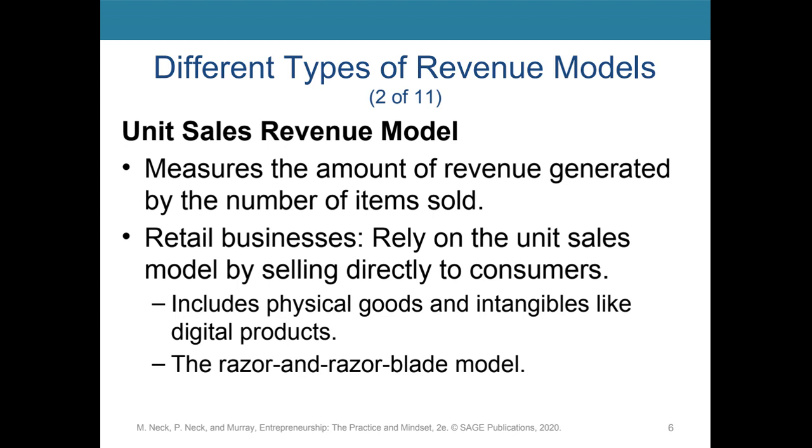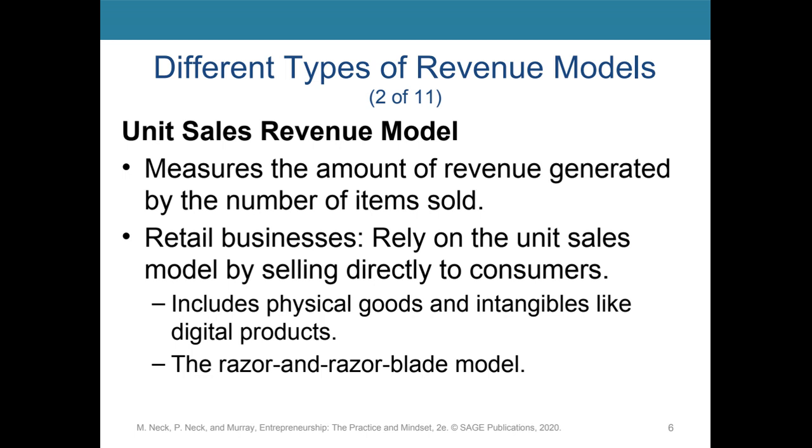And there are nuances within the unit sales revenue model. The razor blade model is the one that many people like to use as a nuance. I think it was Gillette that started this, and all razor companies do this today. You sell the razor very cheaply, so the actual instrument is sold very cheaply.